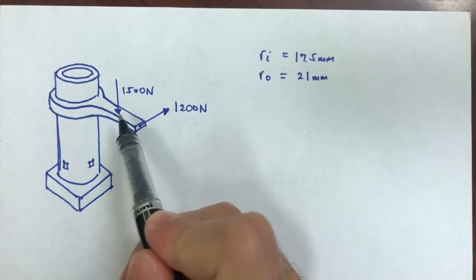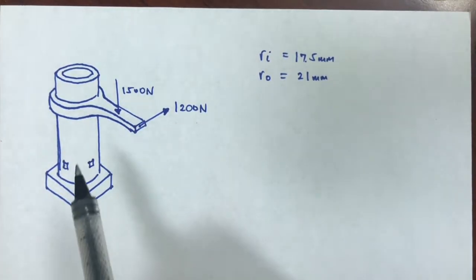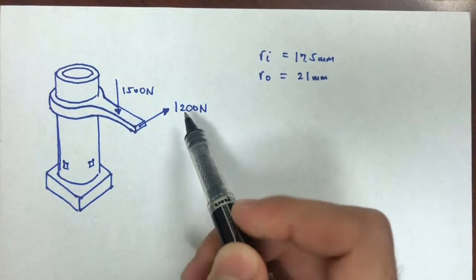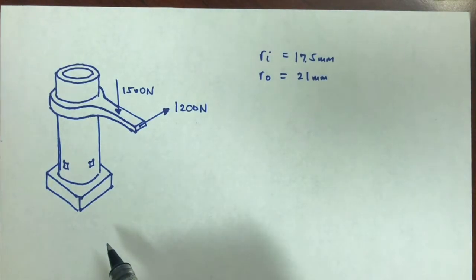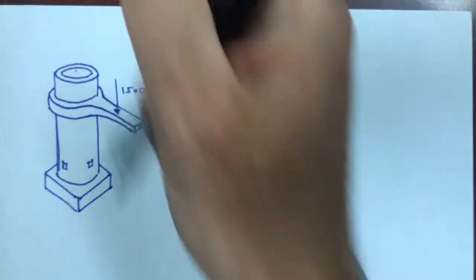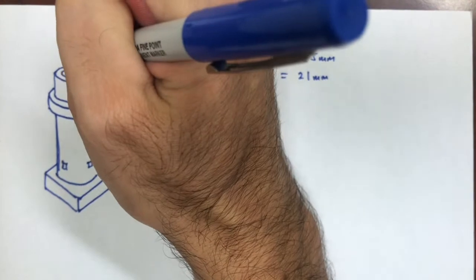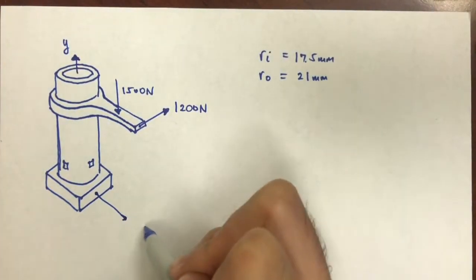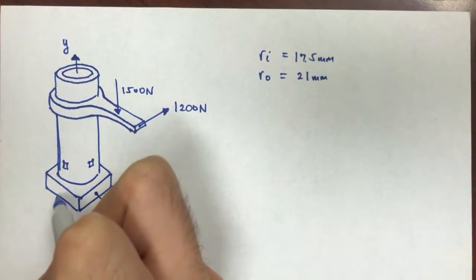I have two loads, a vertical one of 1500 and a horizontal one of 1200 newtons. We're going to need some axes here, so y, x, and z.